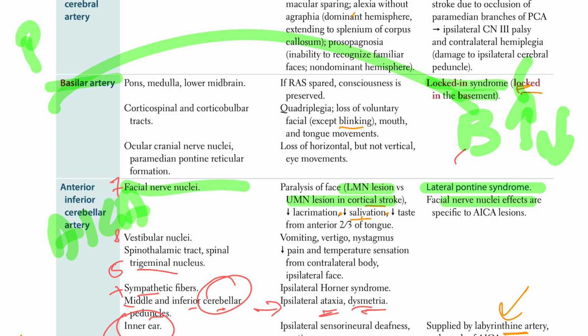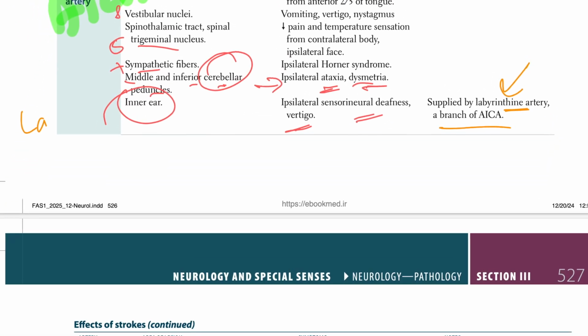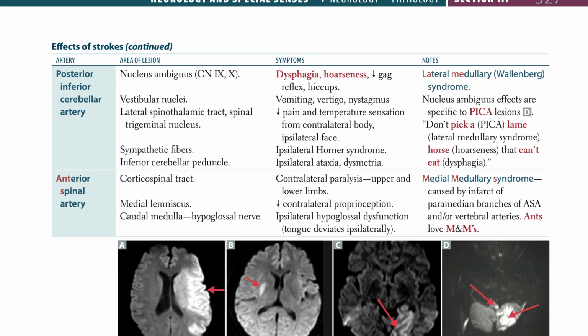Okay, now let's move on to the next, again some other arteries. Here we have the PICA, posterior inferior cerebellar artery.